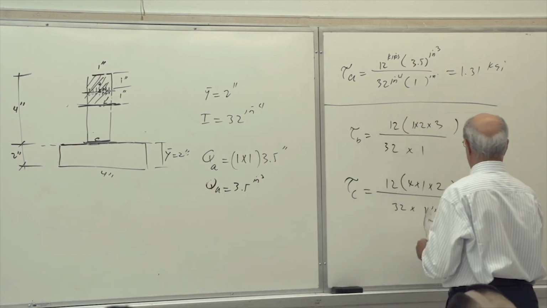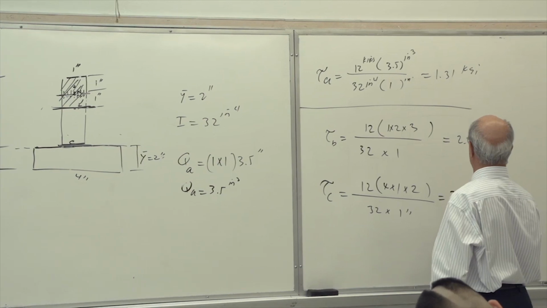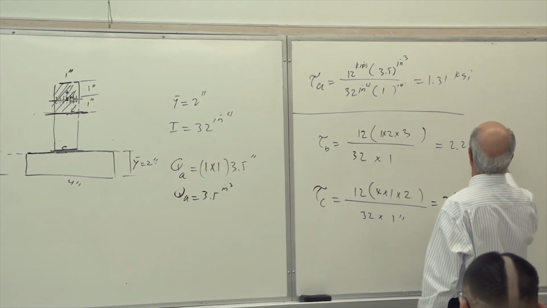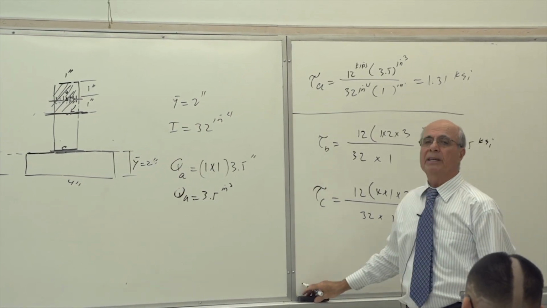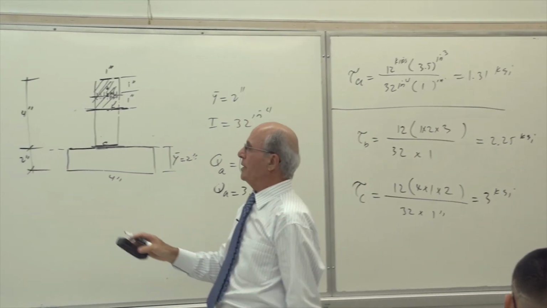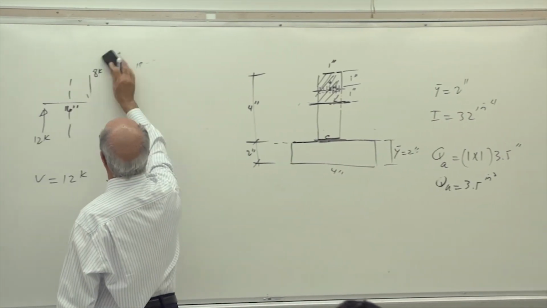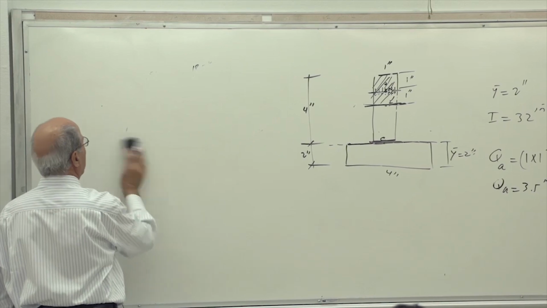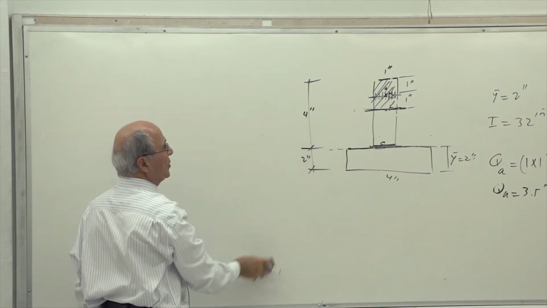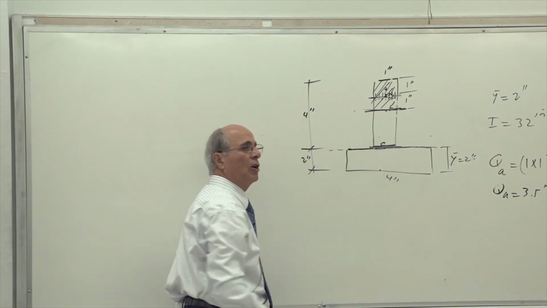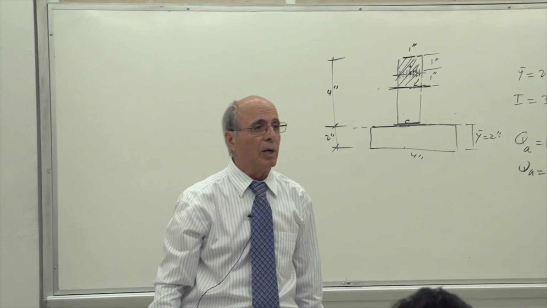Then you calculate that, and it becomes 3 KSI. So this is KSI. Correct? So we have already calculated the shear stresses at points A, B, C. Of course, shear stress here also is what?